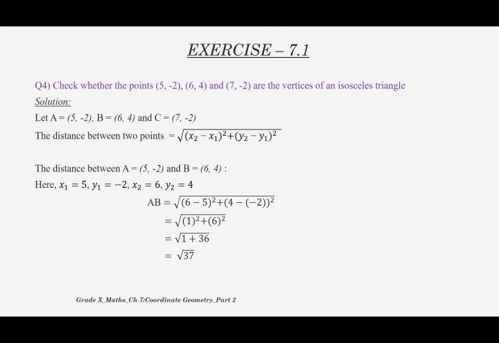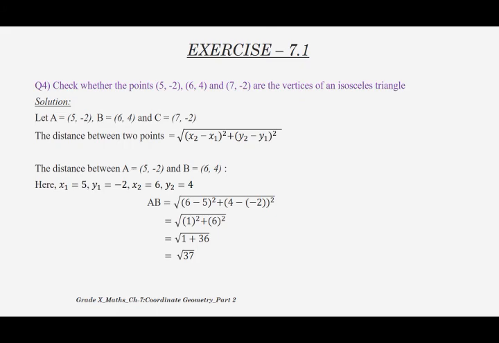Now we have to check if it is an isosceles triangle. What is the property of an isosceles triangle? That two sides are equal in length. So we'll find the distances of the three sides and then check if any two sides are equal. Then we can say that it is an isosceles triangle.